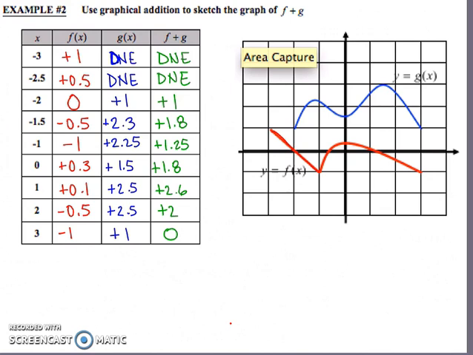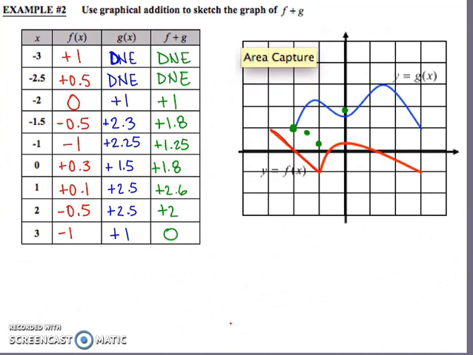So now I'm going to plot these values. When x is -2, my function is going to be at 1. When x is -1.5, it's going to be at about 1.8. When x is -1, it's going to be at 1.25. When x is 0, it's going to be at 1.8. So up there.